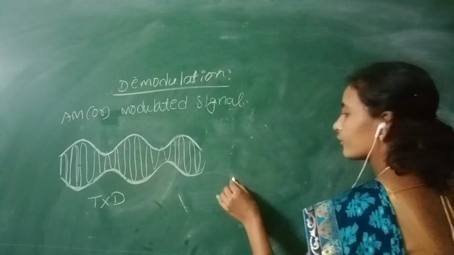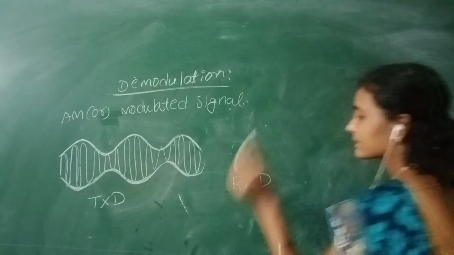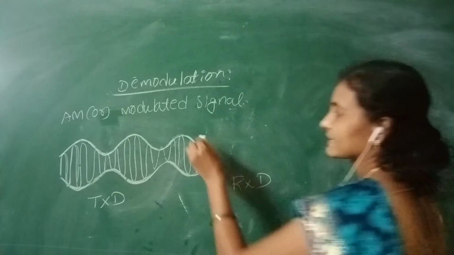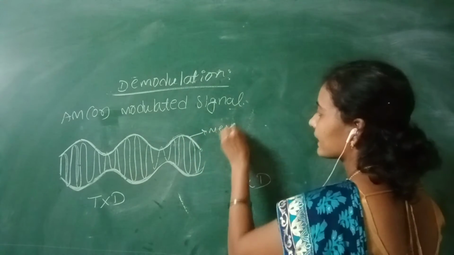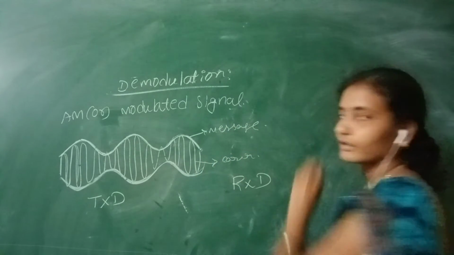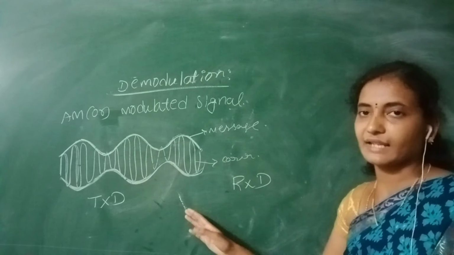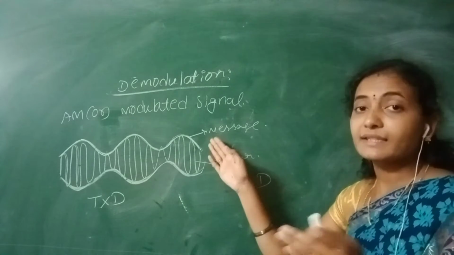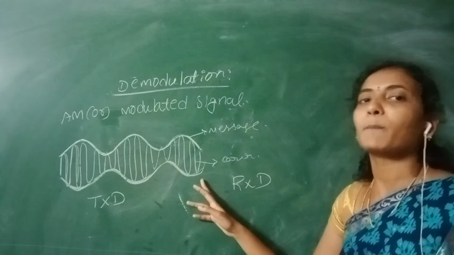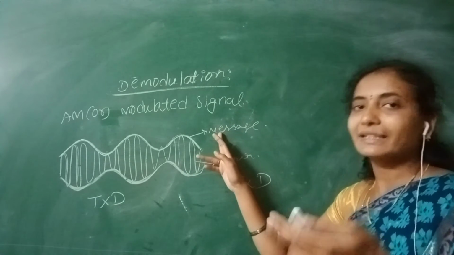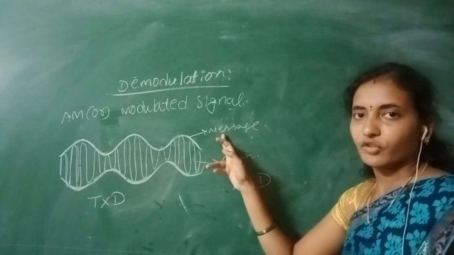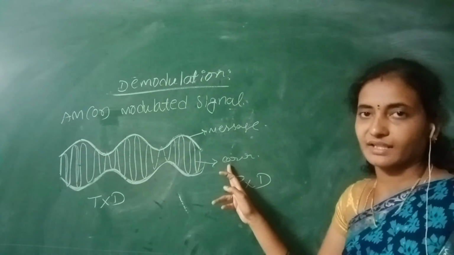But when we are receiving the signal, we can separate the message signal and carrier signal, because the message signal is the information signal and the carrier signal is there to protect the message signal at the time of transmission. So this is the original information, and this is the unwanted signal.